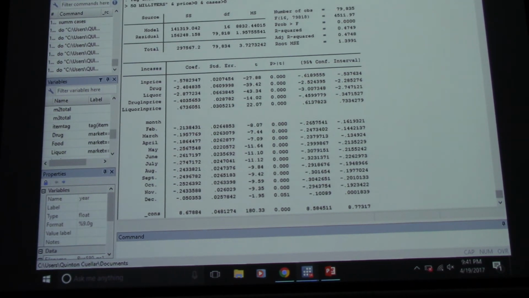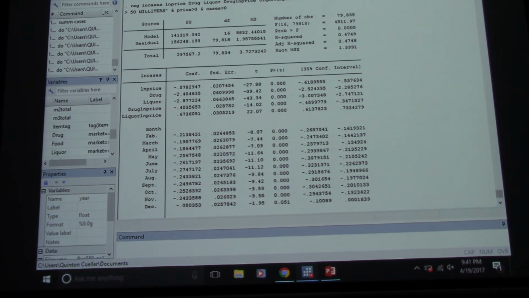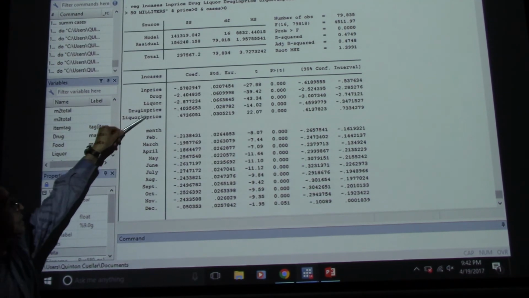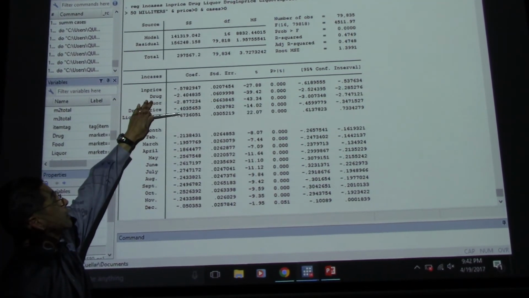All right, so what we're looking at is we can pretty much ignore all the monthly stuff. But if we're looking at price elasticities, we know that the omitted category, so if we set drug equal to 0 and liquor equal to 0, then these two interactions are also going to be equal to 0.